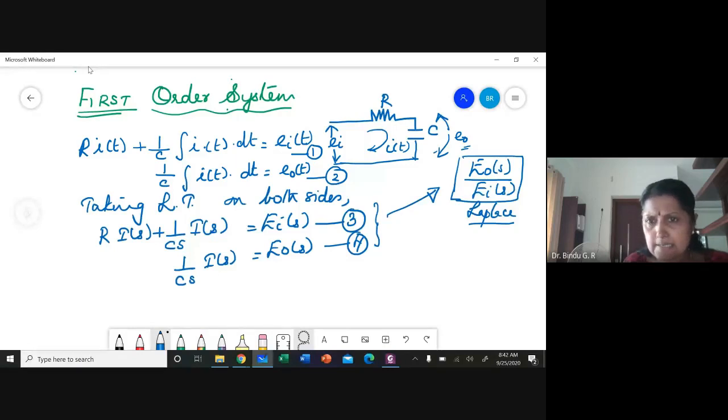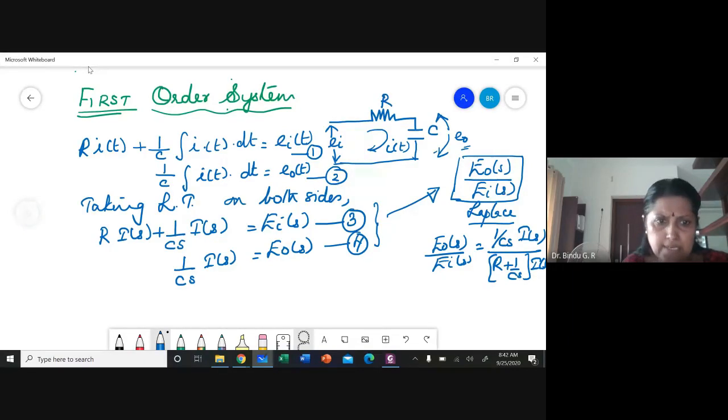I get it as E naught S by EIS is equal to 1 by CS IS divided by R plus 1 by CS into IS.